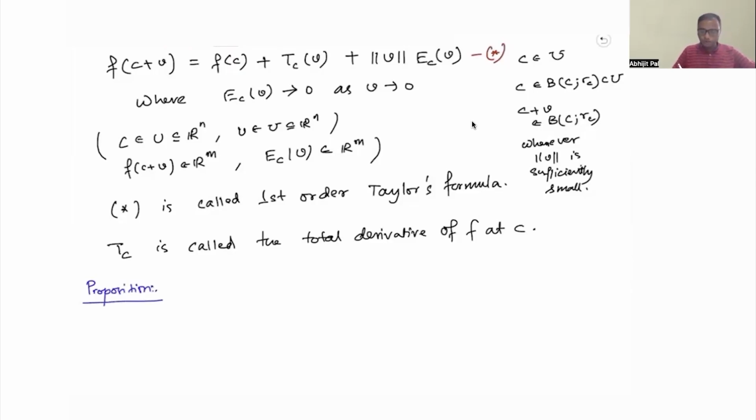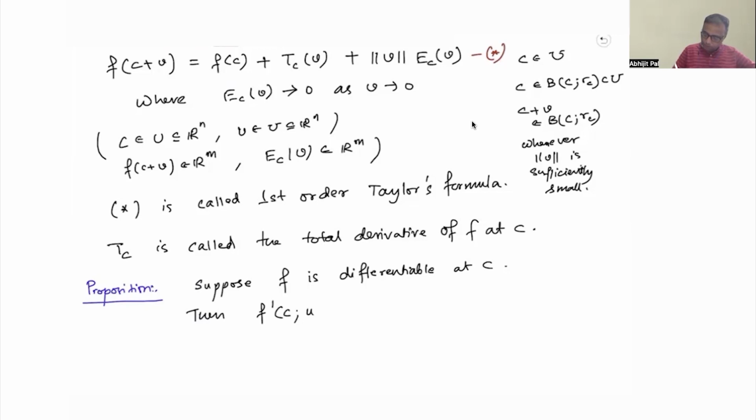So suppose f is differentiable at c. Okay, so then the directional derivative will exist and it will be equal to the total derivative.